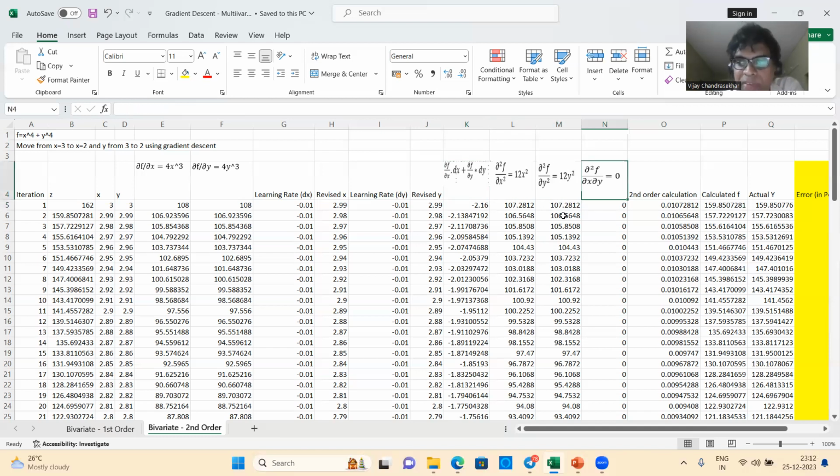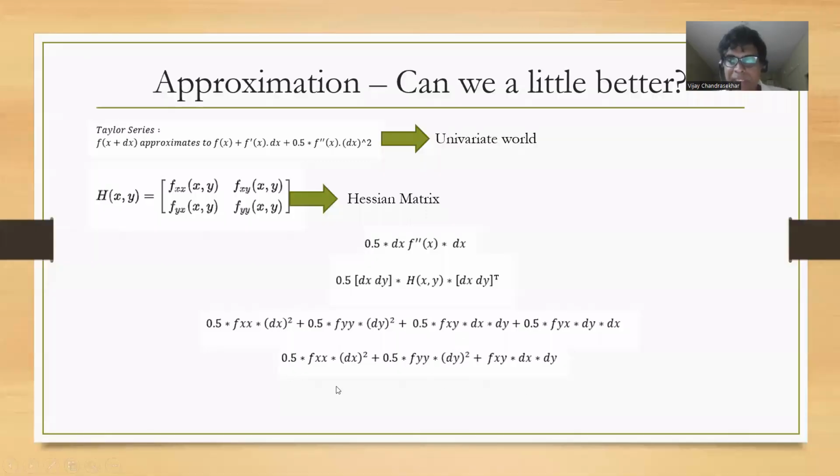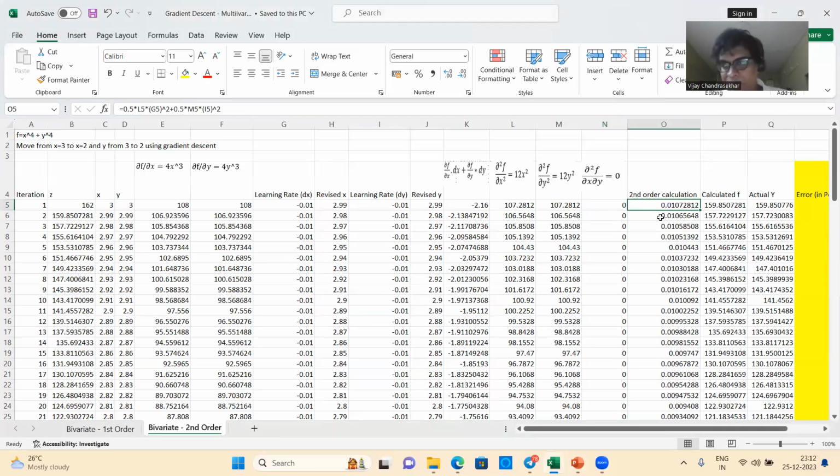You have a bunch of derivatives calculated at this point. Which point? Basically this point. And there's a second order calculation, which is nothing but this whole expression calculated in O5. My question is, what is P5? It's a sum of which two cells? Anyone?